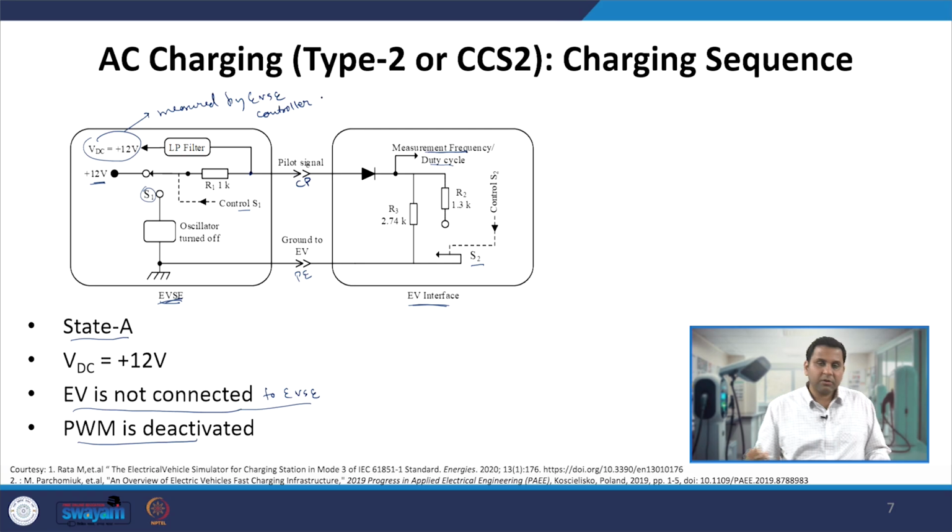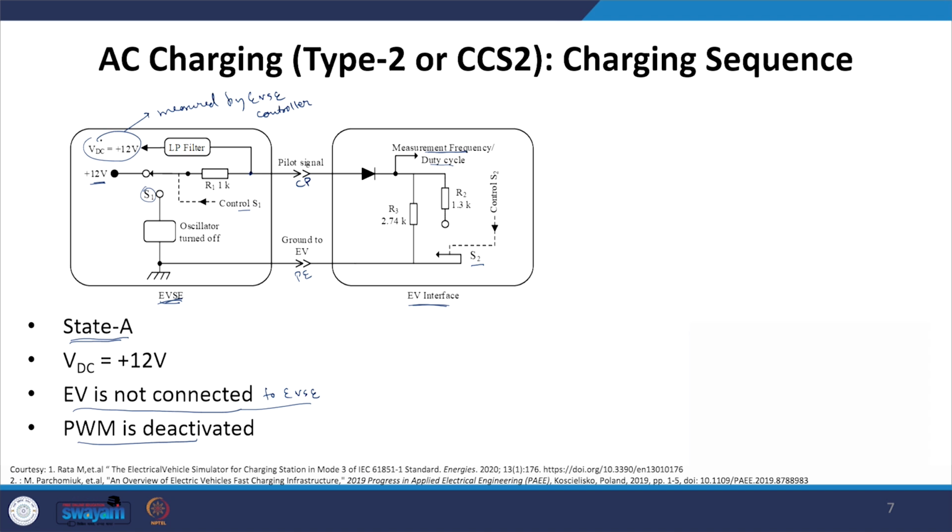The EVSE controller identifies it as 12 volt, which indicates that the vehicle is in state A. State A means the charger plug is not connected to the EV, and at this point the EVSE controller measures plus 12 volt.